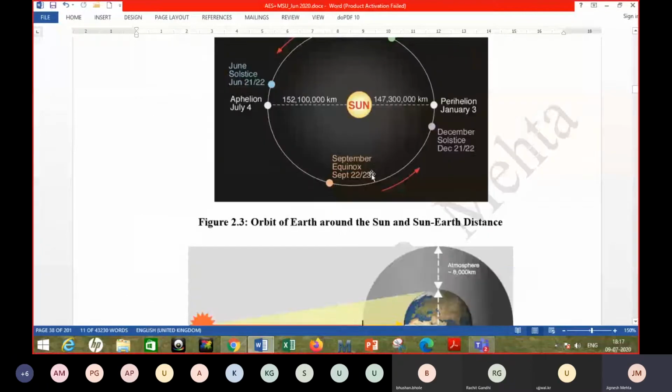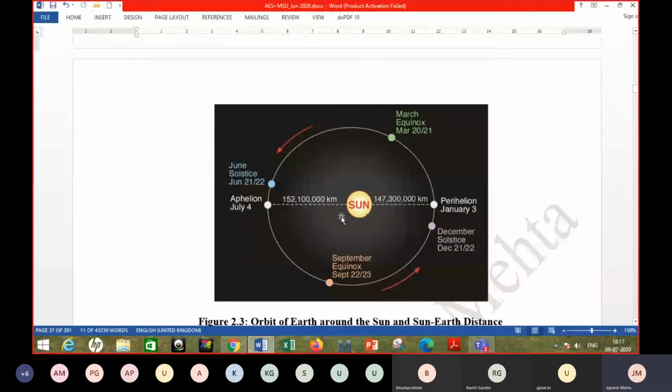So you were also shown this diagram that the Earth moves around the Sun, but the path, the plane on which the Earth and the other planets move around the Sun, is called the elliptical plane. This path is not perfectly circular, it is slightly elliptical. So you can see that the Earth is nearer to the Sun here on January 3, and it is away from the Sun on July 4.